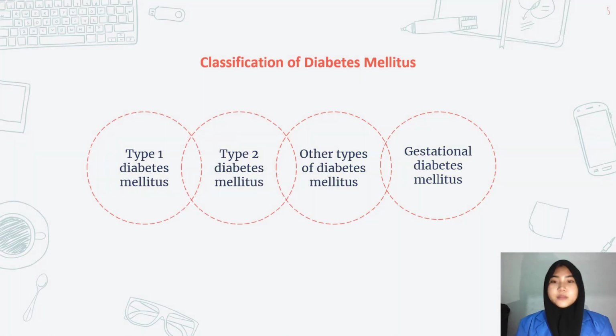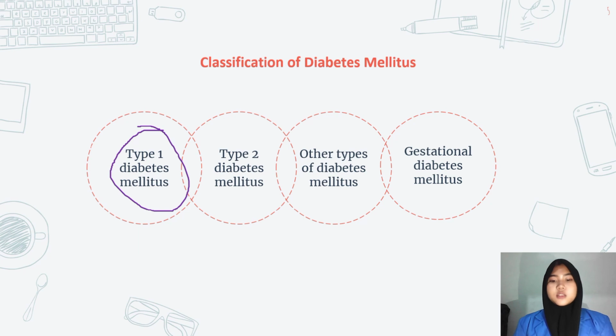Classification of diabetes mellitus. Type 1 diabetes mellitus. Type 1 diabetes mellitus occurs due to degradation of pancreas beta cells due to autoimmune causes. In this type of diabetes mellitus, there is little or no insulin secreted, which can be determined by the level of C peptide protein, which is few or not detectable.